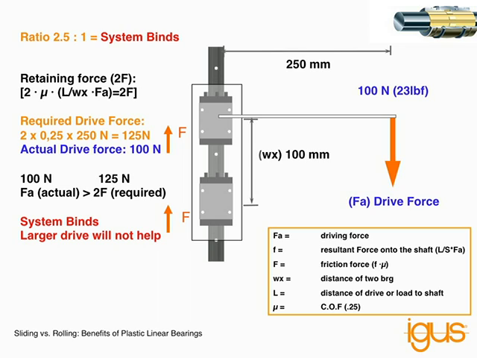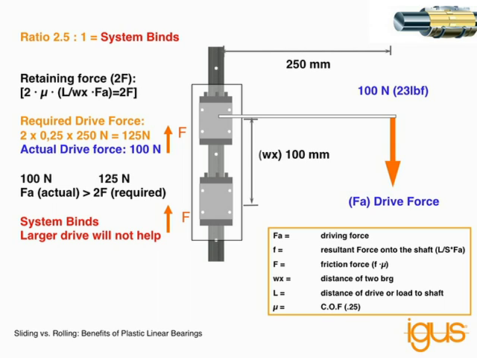Next, we'll look at an application that binds. This is a system where the ratio is extended to 2.5 to 1. As you notice, we have 100 millimeters between bearings on the rail, and the drive force is 250 millimeters away. So again, that's a 2.5 to 1 ratio. Notice we're pushing on it with a drive force of 100 newtons, and the friction force caused by this is actually 125 newtons.